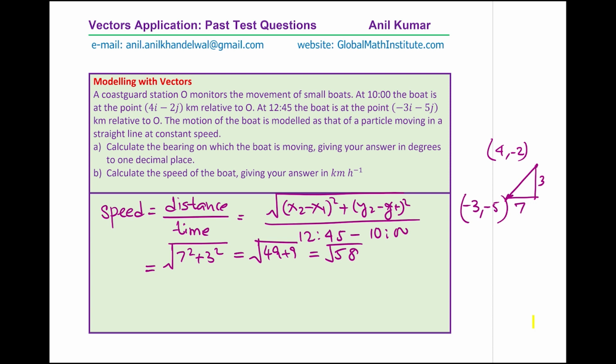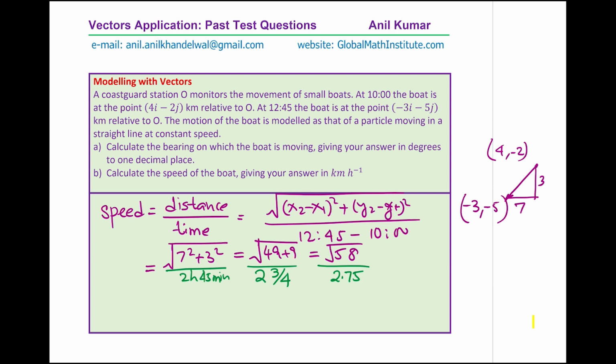Let's divide this by 12:45 minus 10. That means 1 hour 45, 2 hours 45 minutes, correct? So we have 2 hours 45 minutes. Let's convert all of them into hours, correct? So that means 2 hours and 45 minutes, 45 minutes being 3/4 of an hour, so we'll divide the square root of 58 by 2.75.